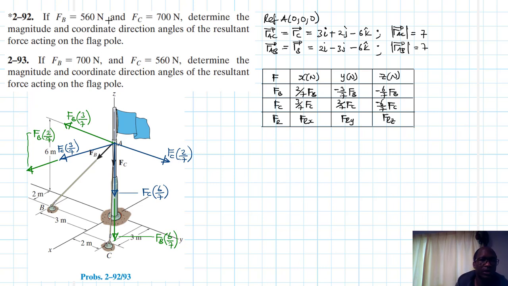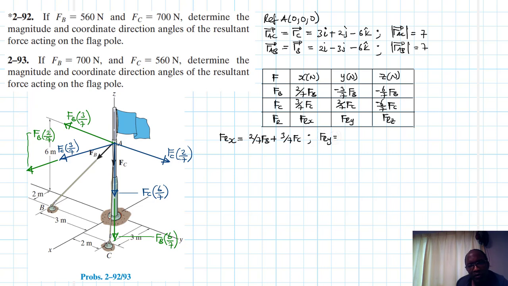Alright, so FRx is going to be equal to 2 divided by 7 FB plus 3 divided by 7 FC.